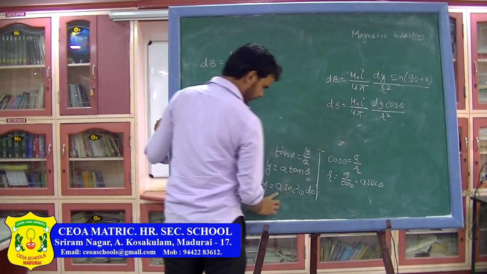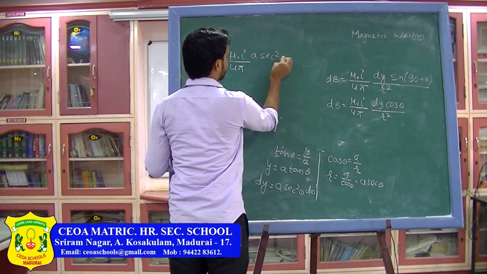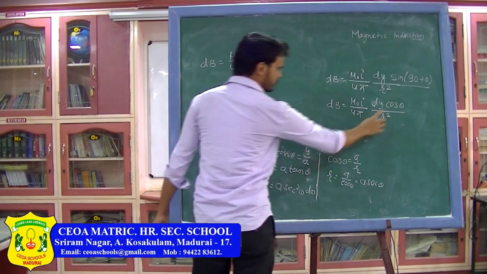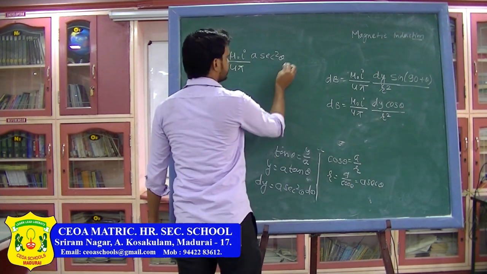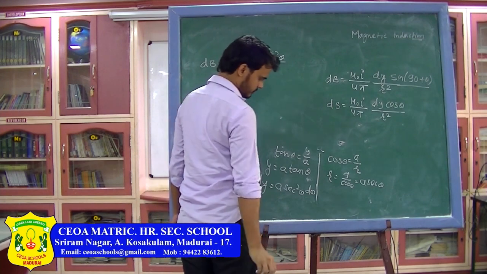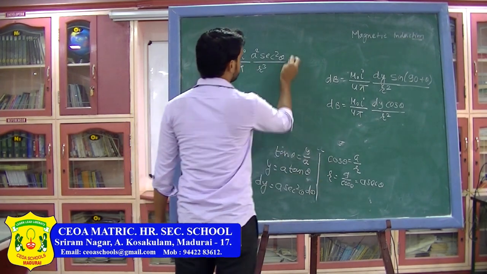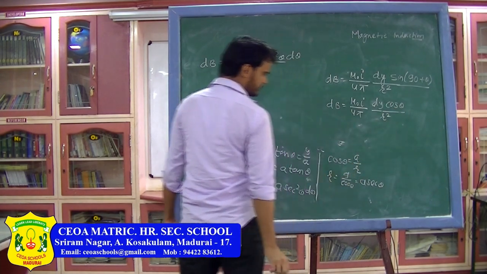Instead of dy I can write a sec square theta, and instead of cos theta I can write a divided by r. So this will become a square and this will become r cube.